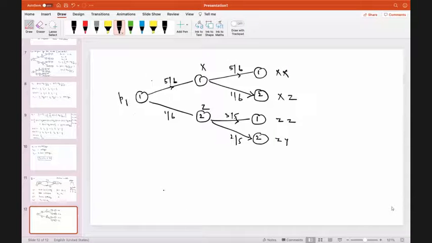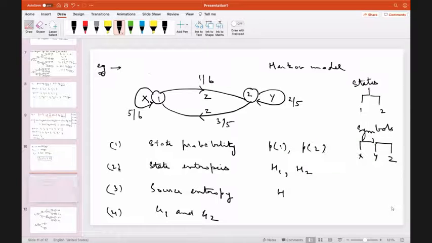So this is P1. Similarly, for 2, this is going to be P2. You can go to state 1. You can go to state 2. When you go to state 1, from 2 to 1, it is 3 by 5.